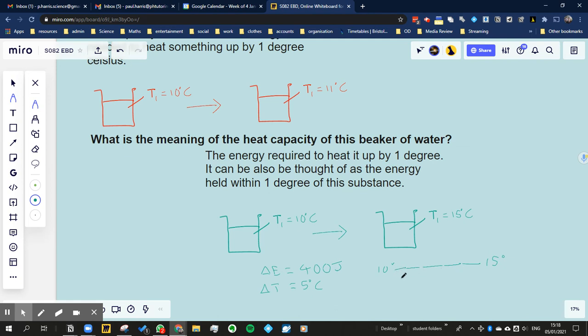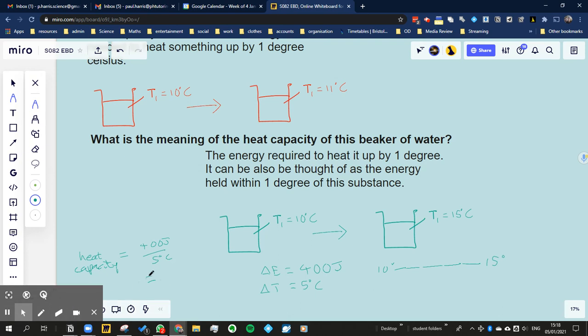I gave it 5 lots of energy, or 5 times the heat capacity, would be equal to 400. So the heat capacity would be equal to 400 joules divided by 5 degrees C.